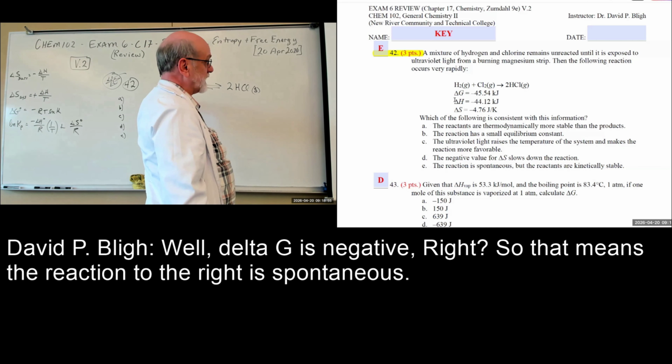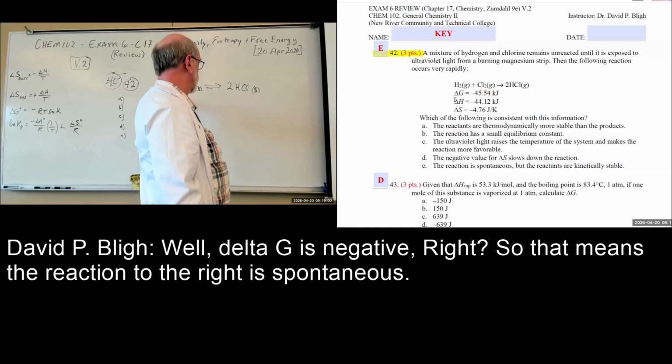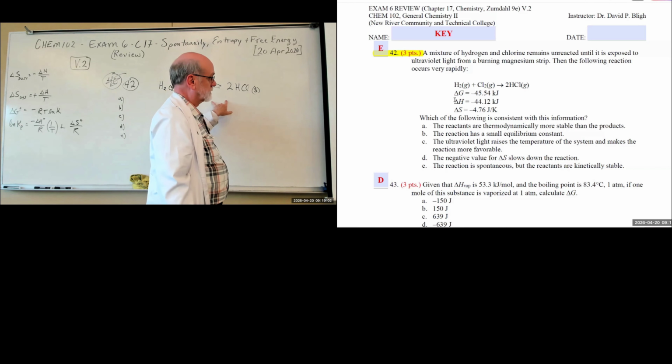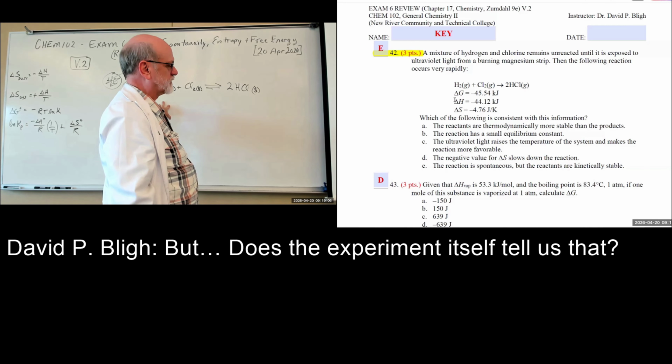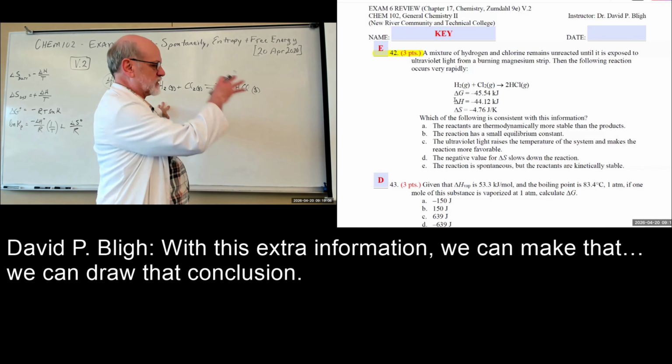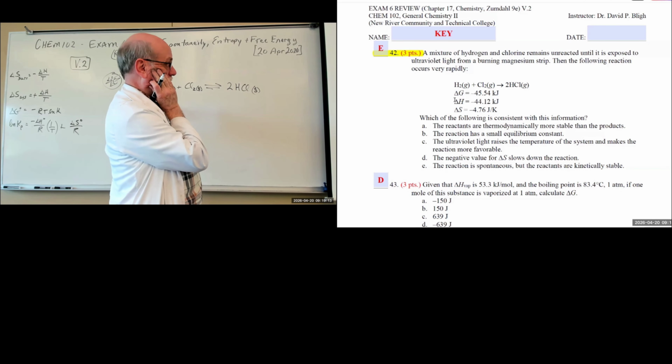Well, delta G is negative, right? So that means the reaction to the right is spontaneous. But does the experiment itself tell us that? With this extra information, we can draw that conclusion.